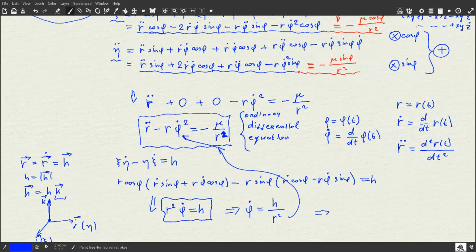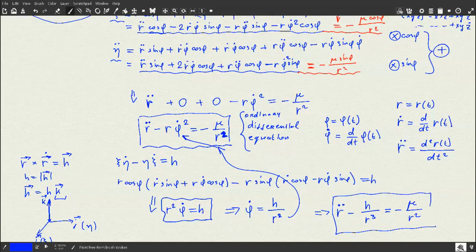So we get r double dot minus phi dot squared, which is h over r to the power 4, and therefore it would be h over r cubed, equals minus mu over r squared. Shouldn't it be h squared? h squared. Yes, thank you. It is h squared. h squared over r cubed. Okay, so we got this.